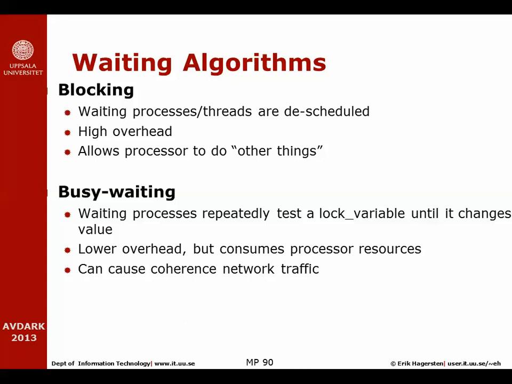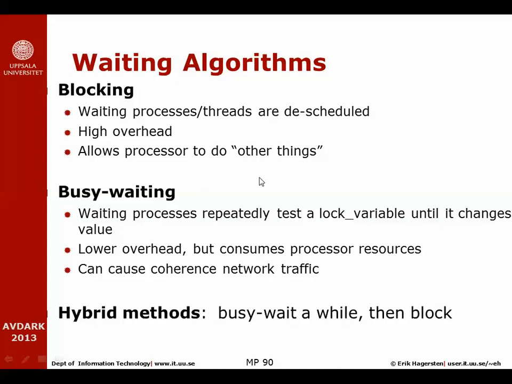It has much lower overhead, but the drawback compared with the blocking algorithm is that you consume CPU power just waiting for the critical section to get freed up. So you will not make any good progress in the execution. You burn energy, and maybe this CPU could be used to do some other good stuff. You can also, as we'll see in a little while, create quite a lot of coherence traffic with these kinds of busy waiting algorithms if you don't design them with care.